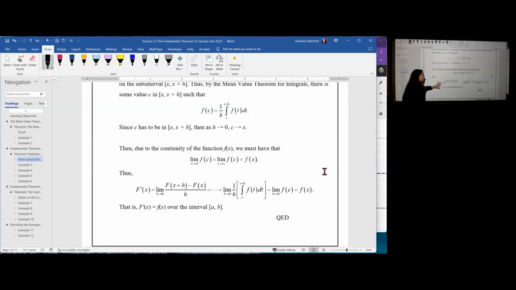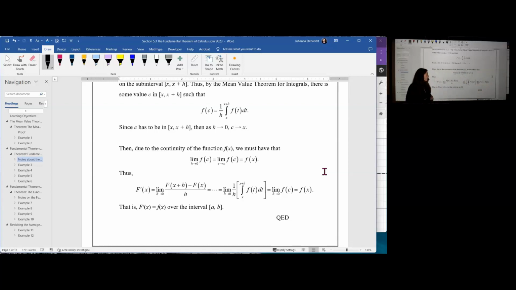Finally, we can write that the derivative of the antiderivative, which is the limit of the difference quotient, which became the limit of the average value over the interval from x to x plus h, which becomes the limit of f of c, that average value, must be equal to f of x.